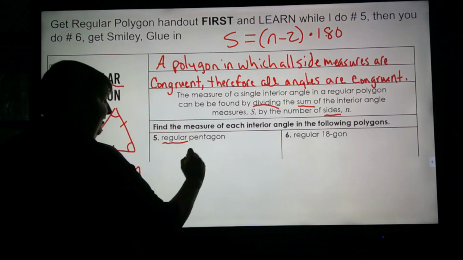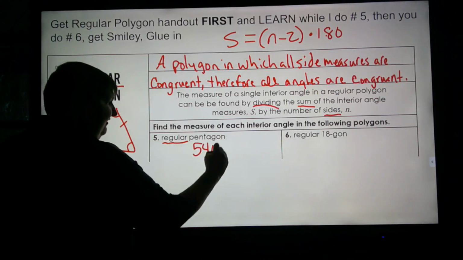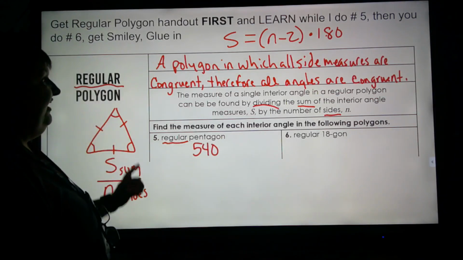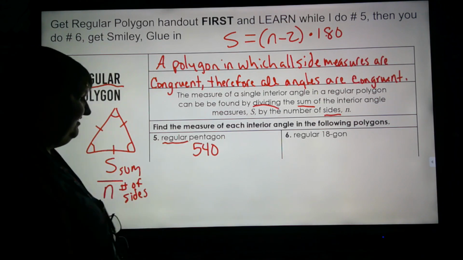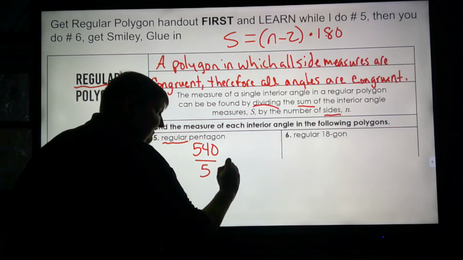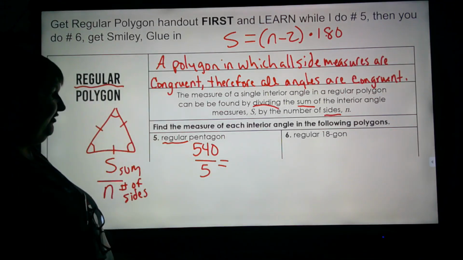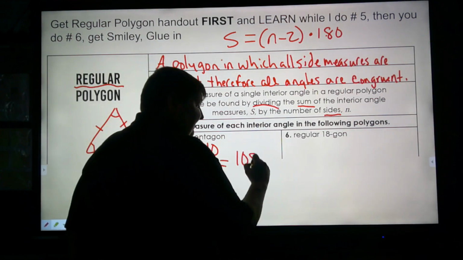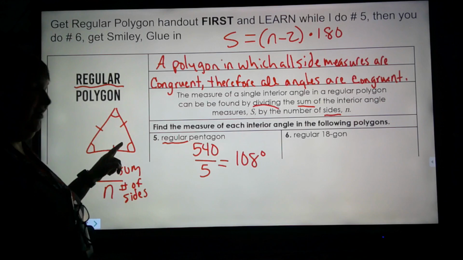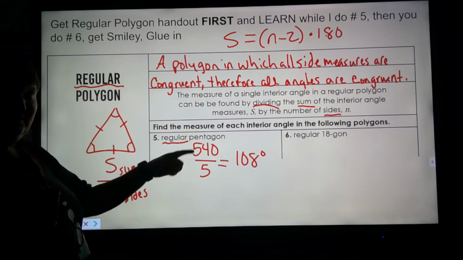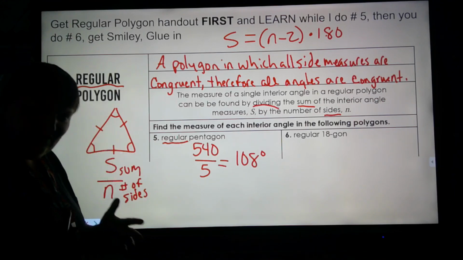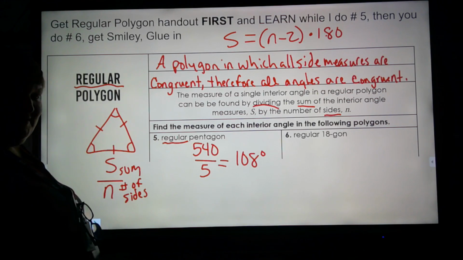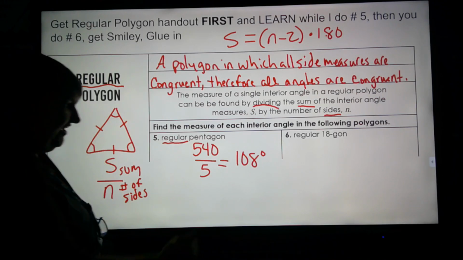So the sum is 540. It has 5 sides. 540 divided by 5 is 108. If one angle is 108 degrees in a pentagon, then all the angles on the inside are 108 degrees. They're all the same. That's your answer.